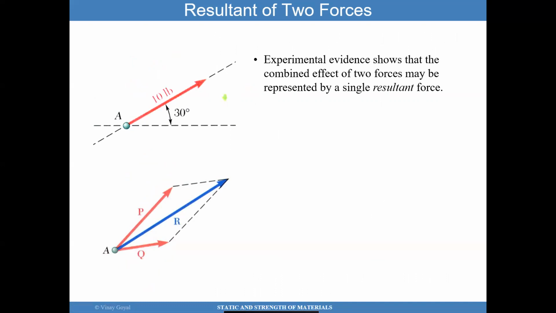Experimental evidence shows that if you have two forces, such as two vectors P and Q, with a force P applied at point A in this direction with that magnitude, and another vector Q from point A directed in this manner with a magnitude of Q, you can determine a single resultant force that represents the effect of these two individual forces.